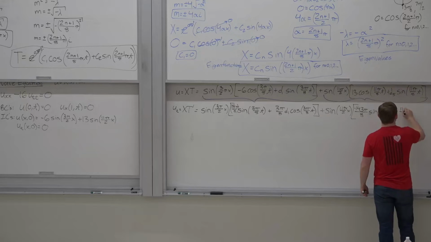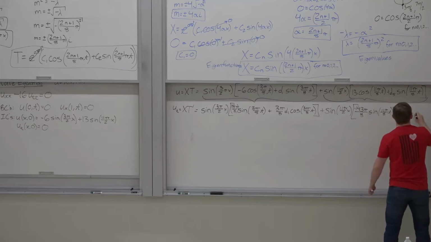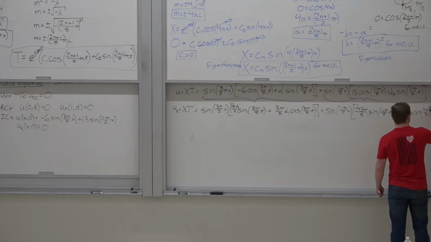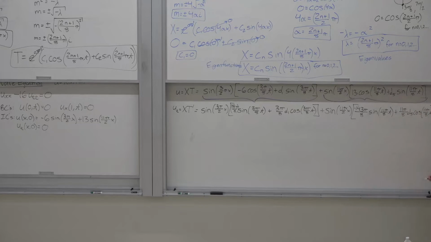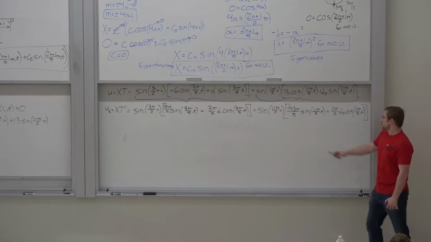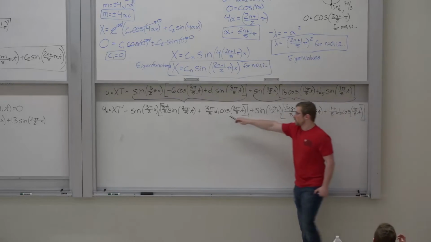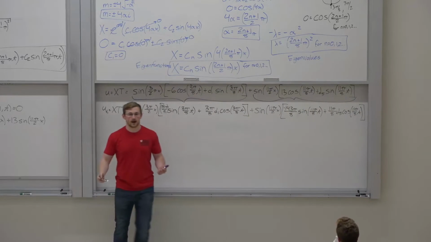Plus 11 pi over 8 d5 cosine of 11 pi over 8 t. So now what I was saying before was I can skip steps. I know that the derivative of both of these cosine terms is going to be a sine term.